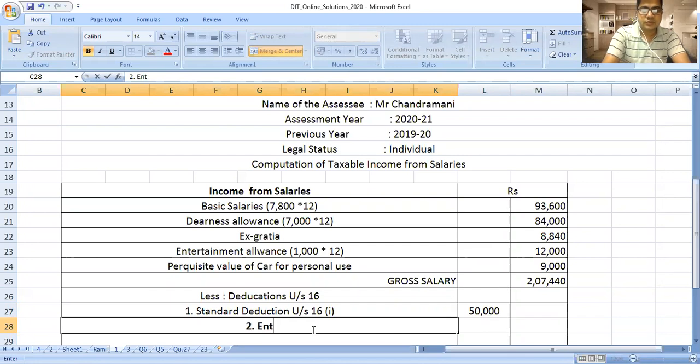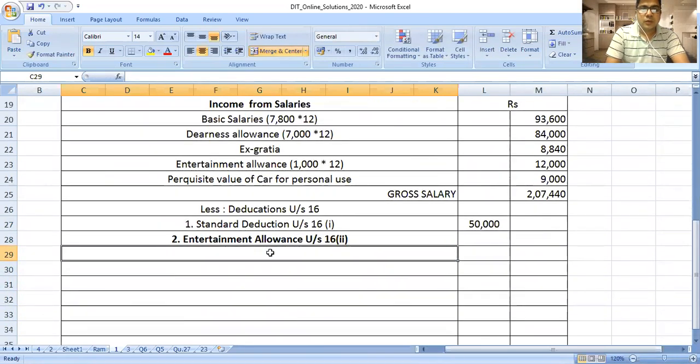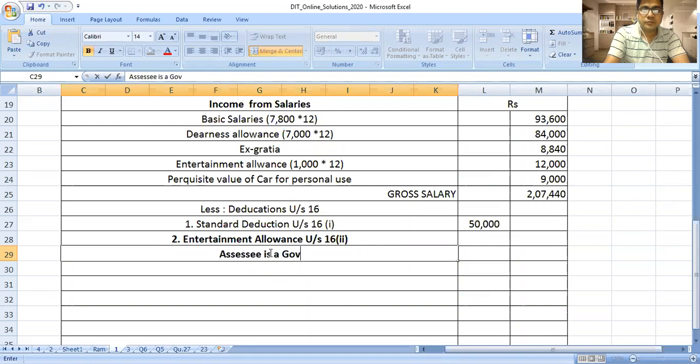Then the second deduction, entertainment allowance under section 16, subsection 2. Now friends, the assessee Mr. Chandramani is a government employee.